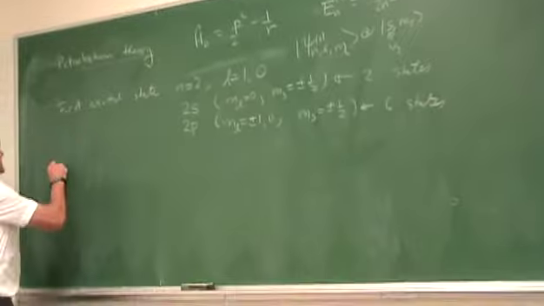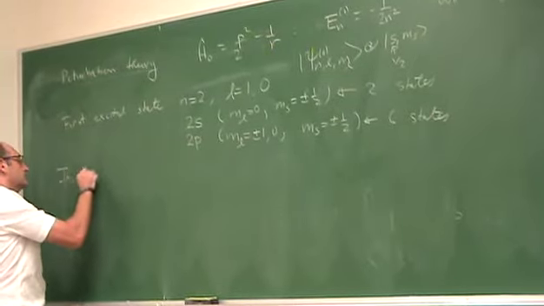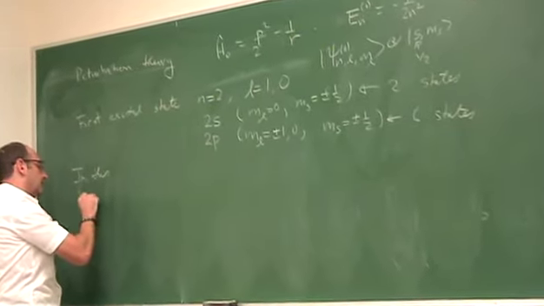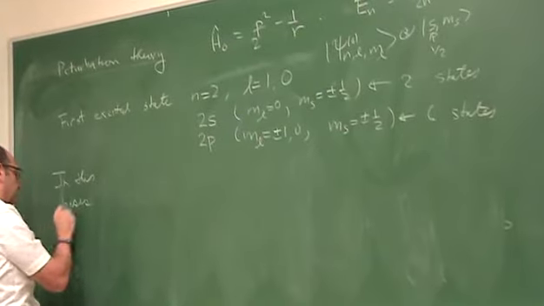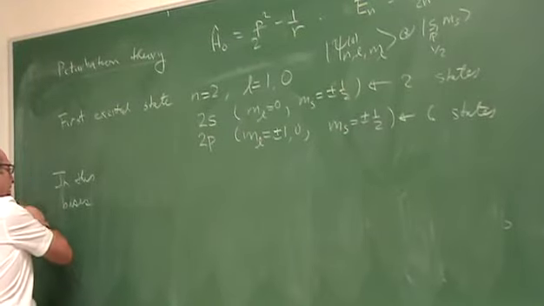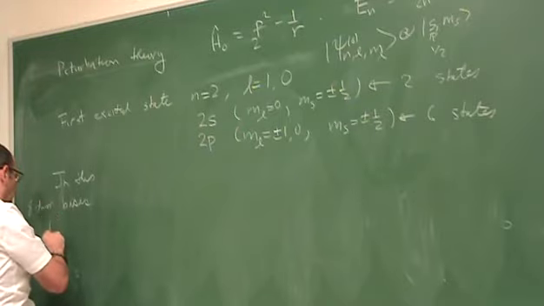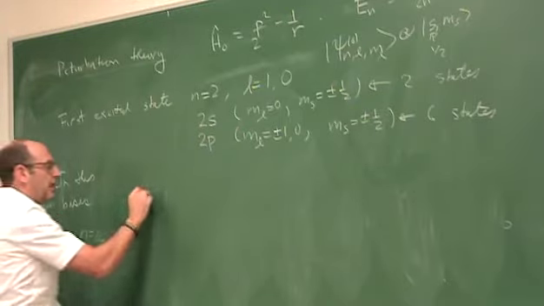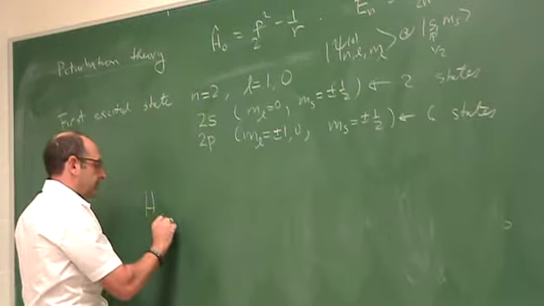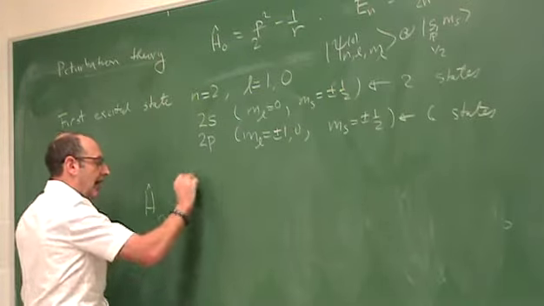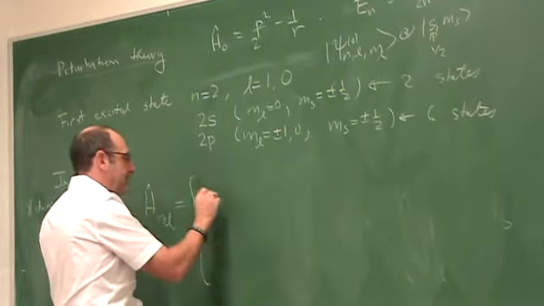So in the basis, this 8-dimensional basis for n equals 2, my Hamiltonian is an 8x8 matrix.